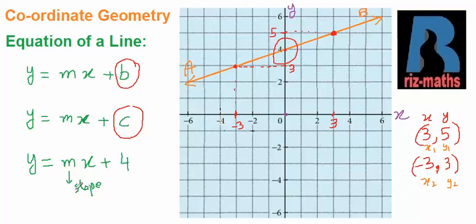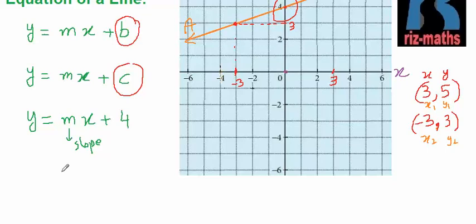Then we know that the slope m is equal to (y2 - y1) over (x2 - x1). Here y2 is 3, minus y1 which is 5, over x2 which is -3, minus x1 which is 3.